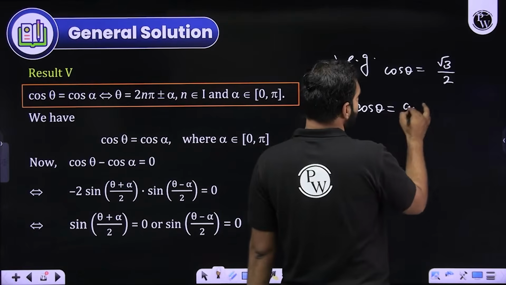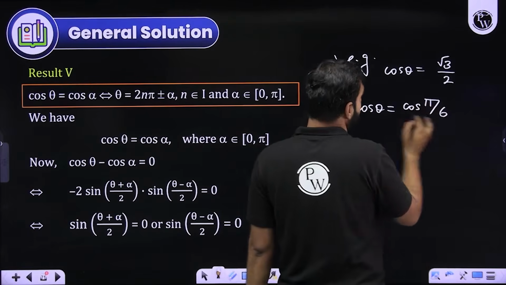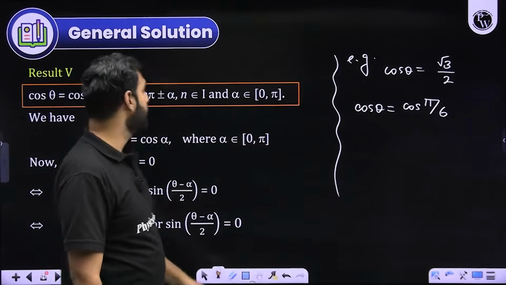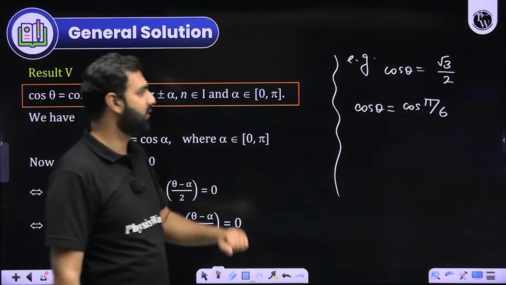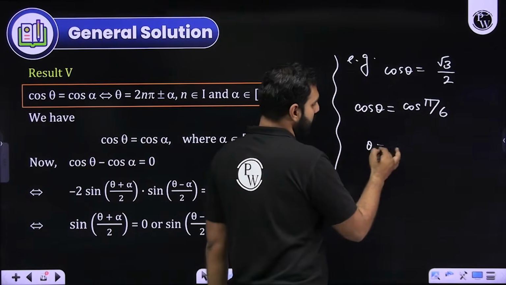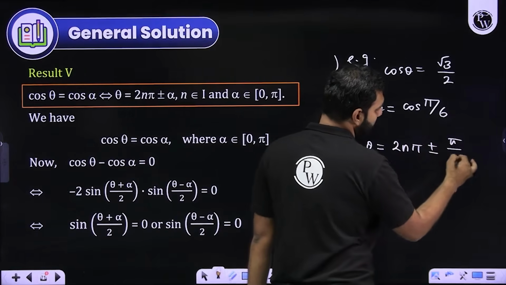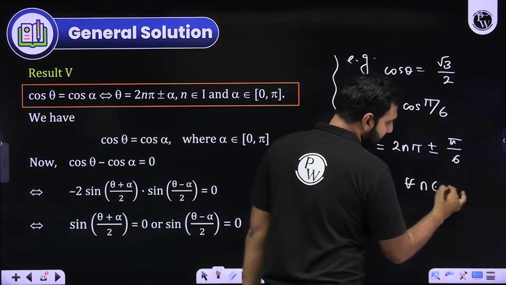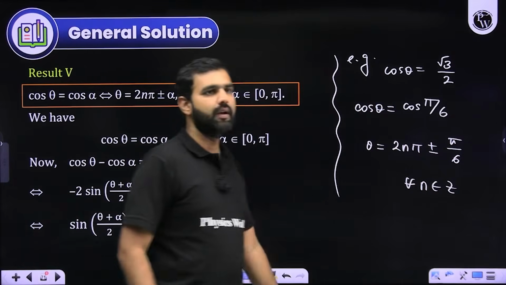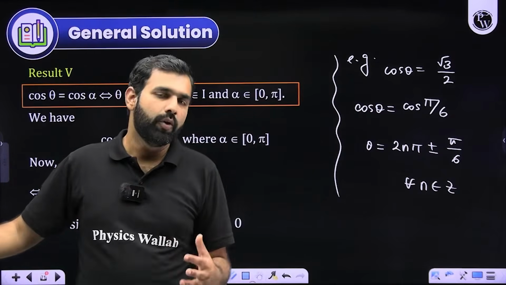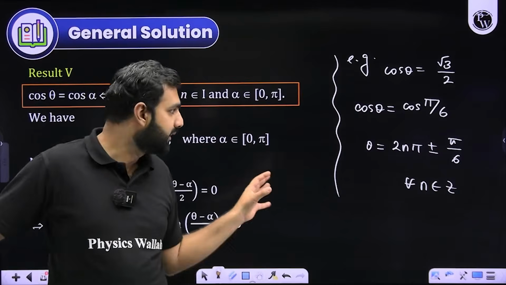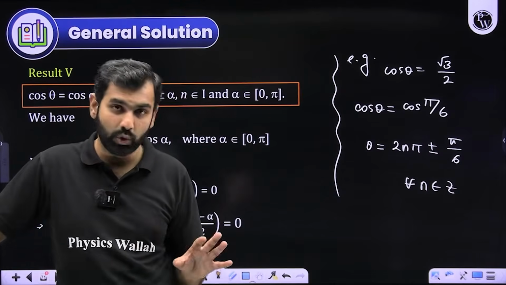Pi by 6. It should be cos pi by 6. So whenever cos theta is equal to cos alpha, theta is 2n pi plus minus alpha. So what is theta? 2n pi will remain as it is, plus minus alpha. What is alpha? Pi by 6, where this n is any integer. Are you understanding it? Are you able to make some sense out of it? Did you get this particular part? I hope there is no confusion on this front.